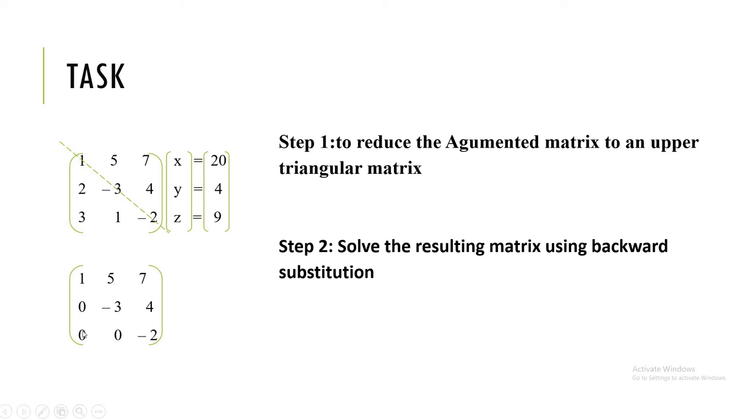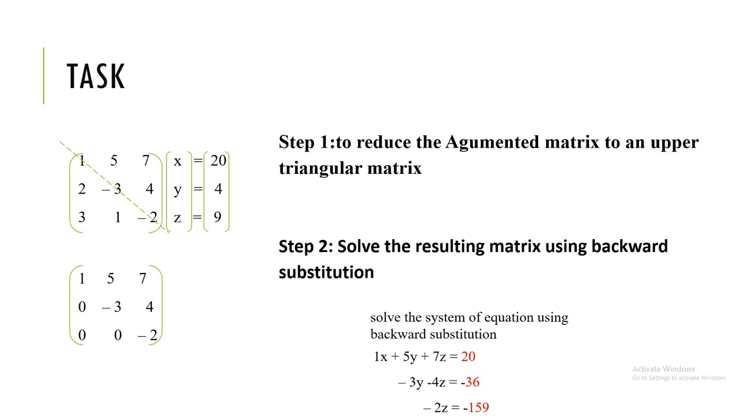But how do you do that? You can use the elements in the first row, that's A11, to reduce the element A21, and then the element A31. Subsequently, you can use the next row to reduce the element A32. Then when you're done, you rewrite the matrix like this.